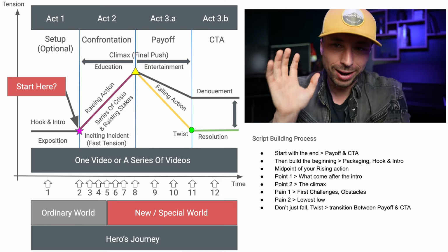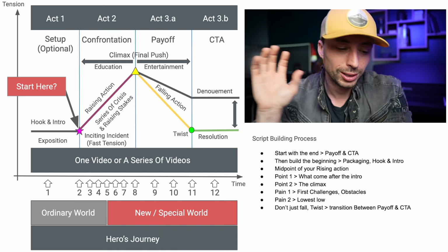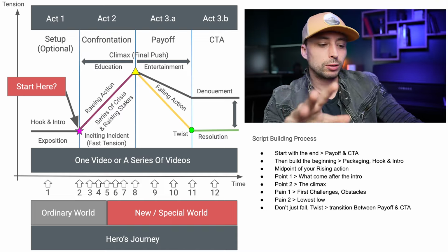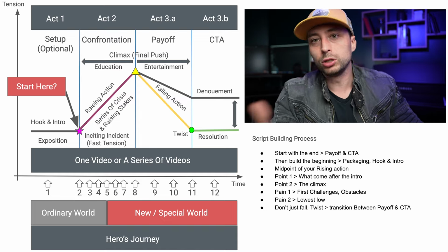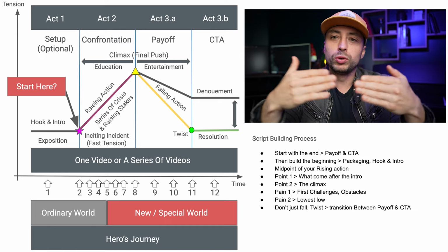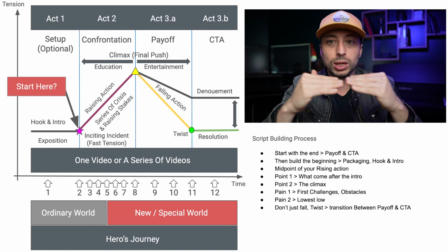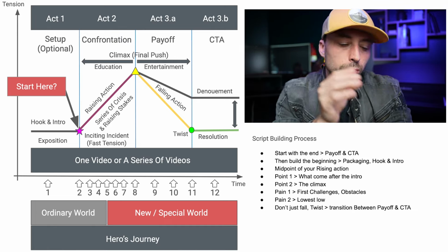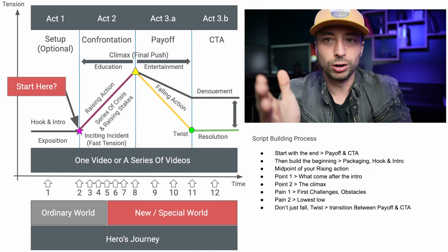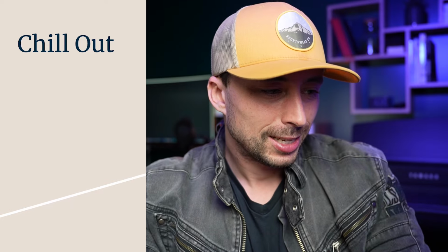I'm so stoked and excited about what's coming, but stay tuned. Anyway, we start with the end, then the beginning, the hook and intro. Now that we know the end, we start with the beginning, and then we progressively merge things together. I just wanted to introduce that, but don't worry, we will dive deep into those things later on.